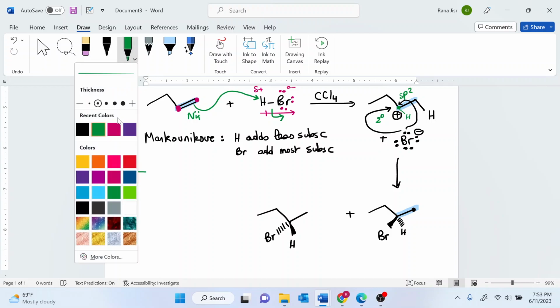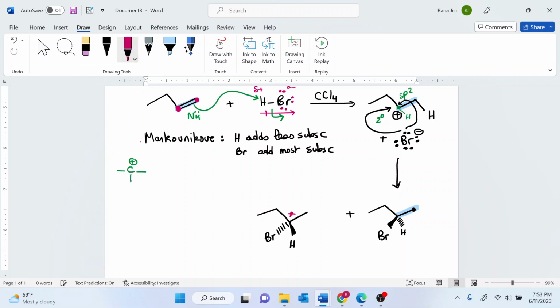So what you did over here, you created a chiral center. And these two are going to be enantiomers. So you get a pair of enantiomers in there. But because you are starting with an optically inactive reactant, your products are going to be optically inactive, which is a racemic mixture in there.